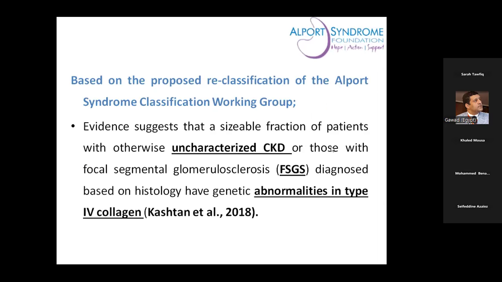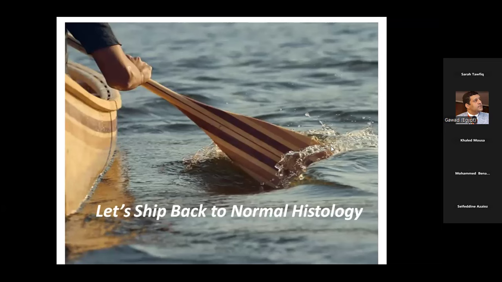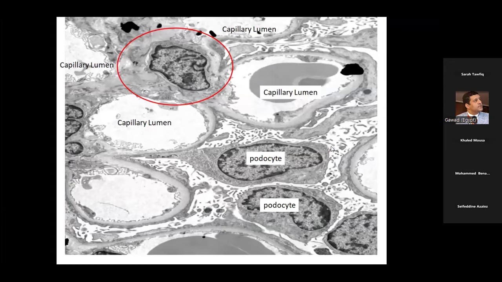And a sizable fraction of patients with otherwise uncharacterized chronic kidney disease, or those with focal segmental glomerulosclerosis diagnosed based on histology only, have genetic abnormalities in type 4 collagen if these patients had genetic testing. Okay, let's revise.